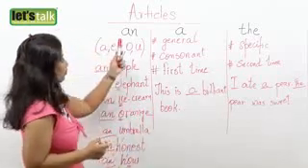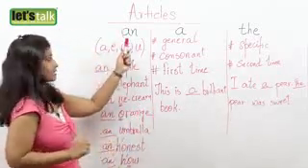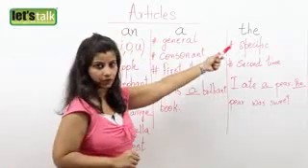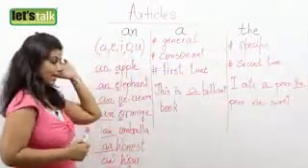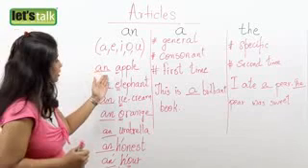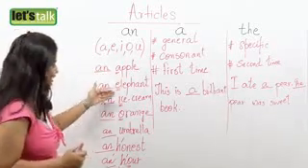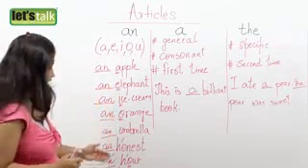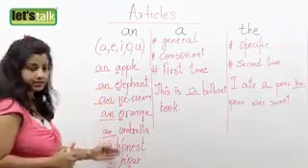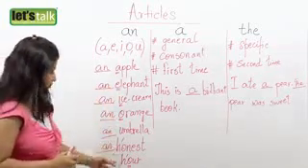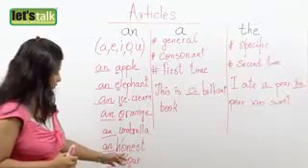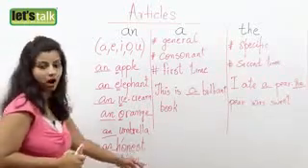Okay, so we learned three articles, that is an, a, and the. I told you that an is supposed to be used before a word beginning with a vowel, that is a, e, i, o, u. Okay, there are exceptions like honest and hour, where an H becomes silent and we pronounce it as honest and hour.